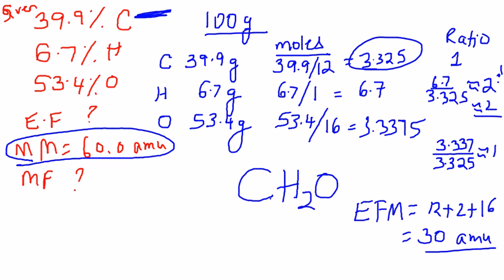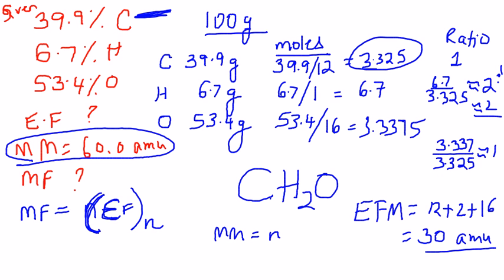And I told you earlier that essentially molecular formula is just some integer times the empirical formula. And you should also remember that molecular mass is the same integer n times the empirical formula mass.